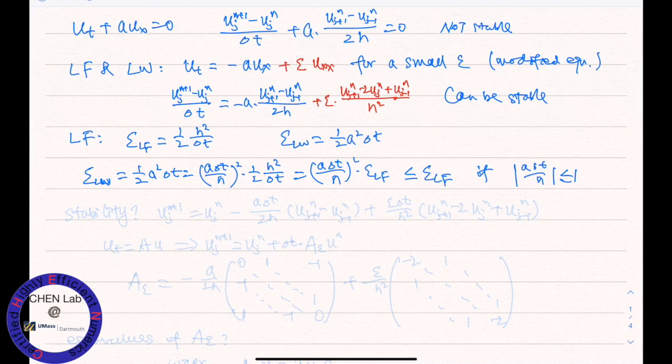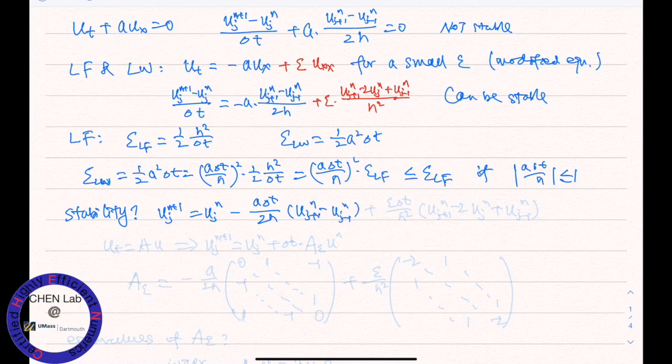And in this video we're going to work out the stability of these two schemes. Basically, what we're going to do is write this in terms of u_j^{n+1} equals u_j^n minus a delta t divided by 2h times (u_{j+1}^n minus u_{j-1}^n).